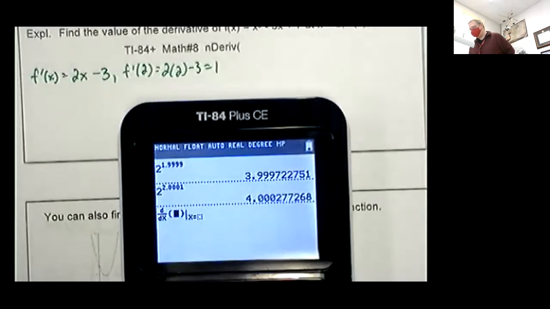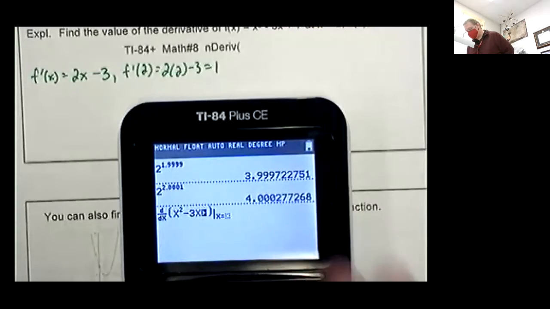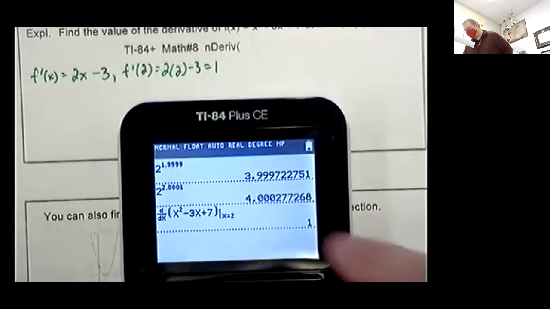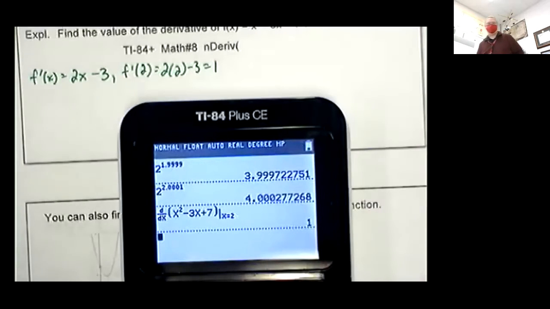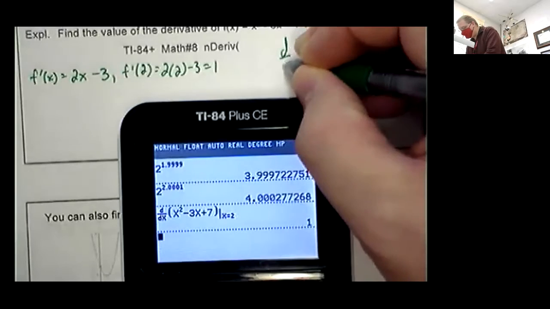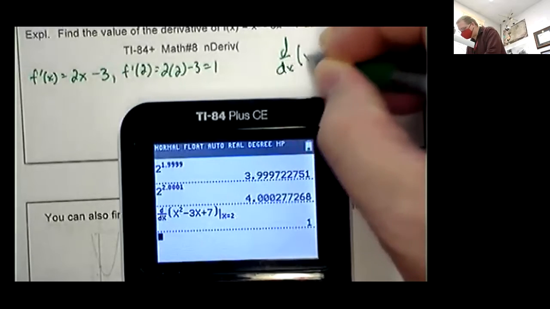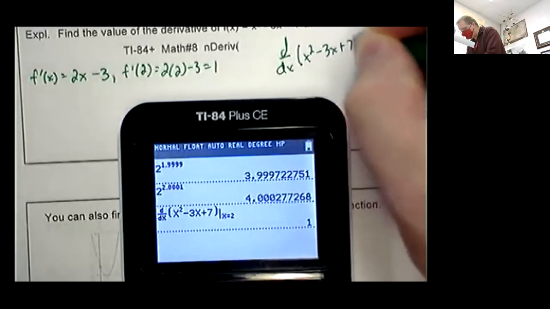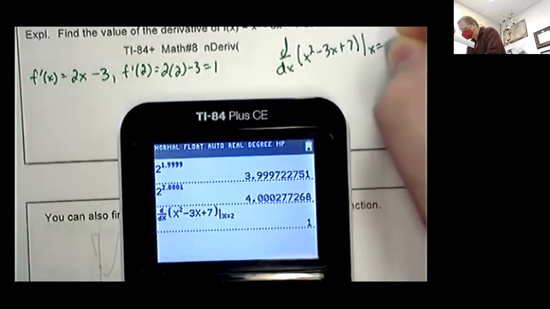I'm going to show you two ways to do this. One way is just type in the function: x squared minus 3x plus 7. And then we want x is 2. And if we hit enter, again, there's our 1. So we type that into our calculator and we get the same value: the derivative with respect to x of x squared minus 3x plus 7, evaluated at x equals 2.